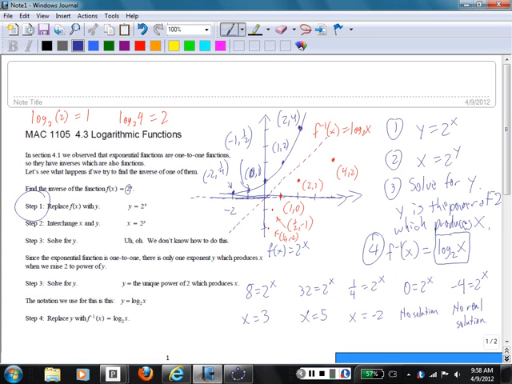Straight up and down. That was my intent. So this point would go right there. That's the idea if you're reflecting about the line y equals x. So the y-axis is going to be a vertical asymptote for the log function.